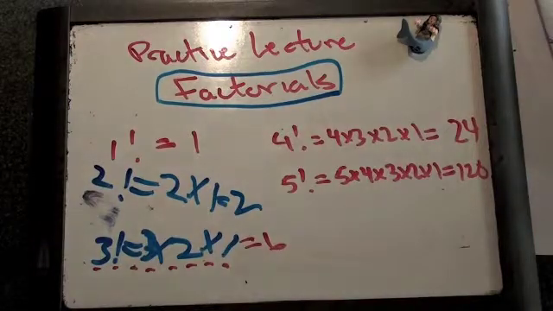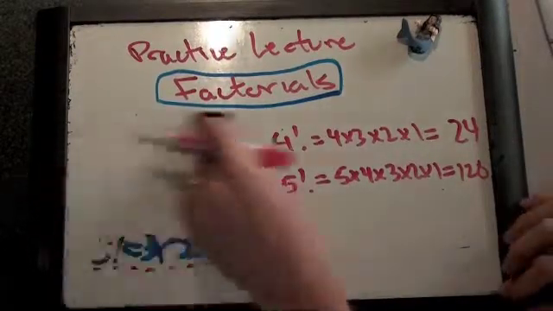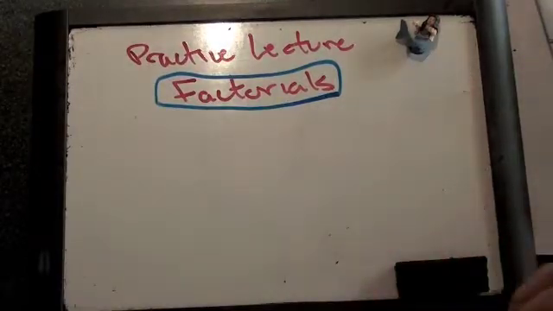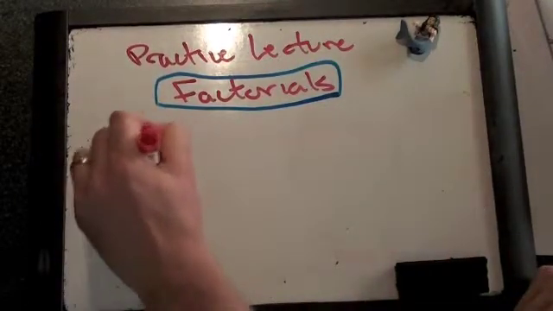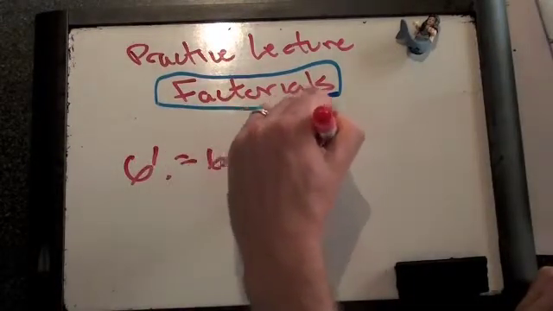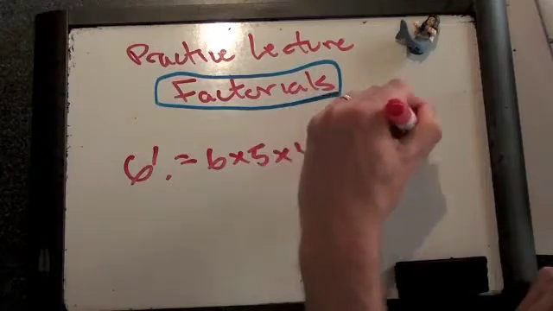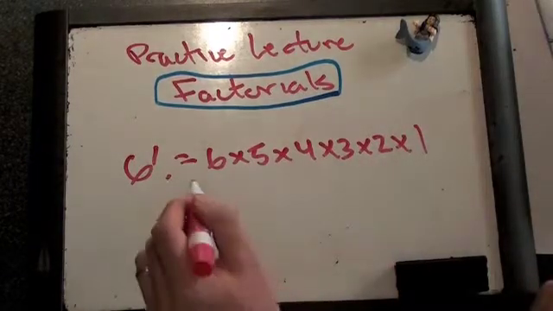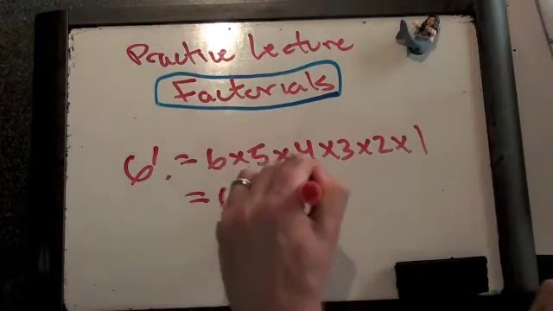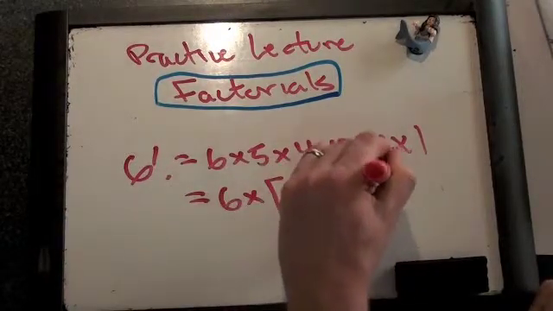Now I'm going to start teaching you some neat things about factorials, because factorials get very big very quick. And so multiplying them all out sometimes isn't the very best thing to do. So let's take a look. Let's go to 6 factorial, which is 6 times 5 times 4 times 3 times 2 times 1.